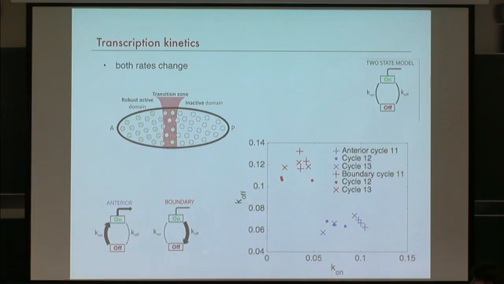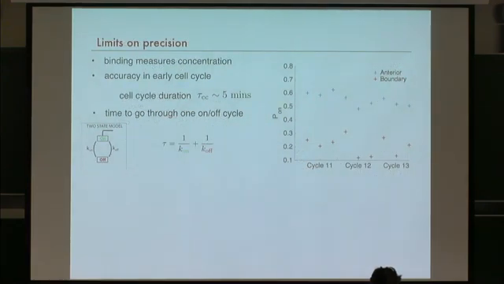What we think is happening here is a cooperative effect: you have a low k-off in the anterior because when you have all these bicoid molecules bound to the promoter, it stabilizes the expression state and decreases k-off. But you have these very different situations in the anterior and in the boundary.